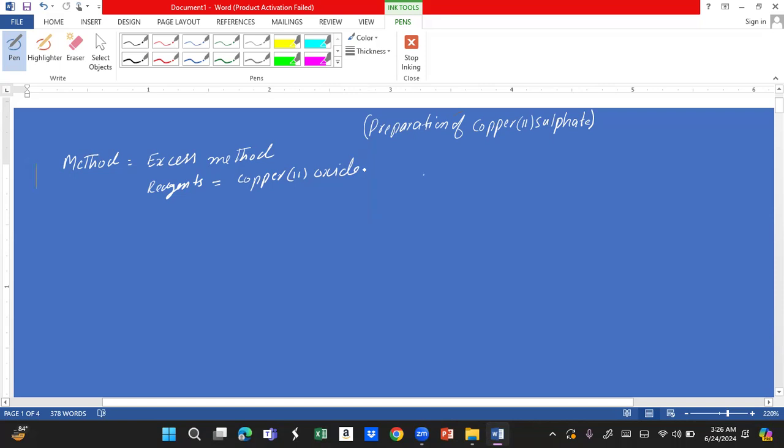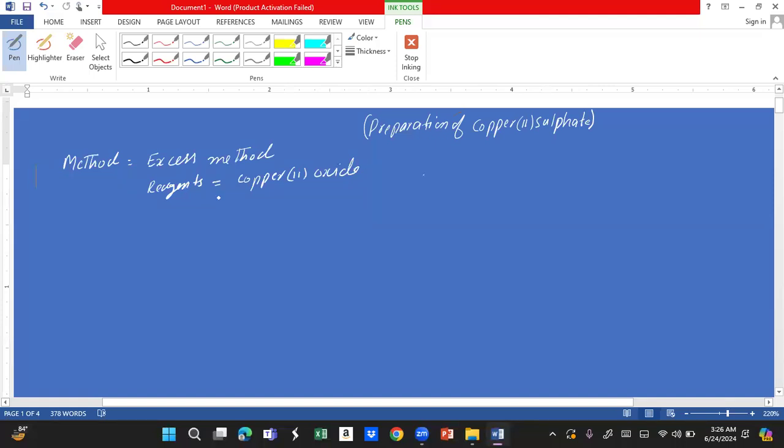Transition elements have no fixed oxidation state. That is why we have to highlight the oxidation state of any transition element in a compound. Keep in mind, in the examination it has been asked many times what this (II) within the bracket indicates. So simple, it is the oxidation state of copper.